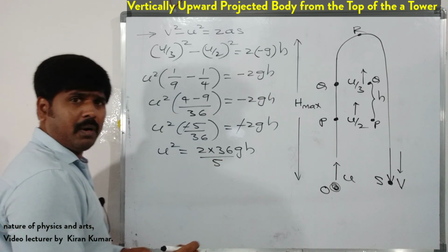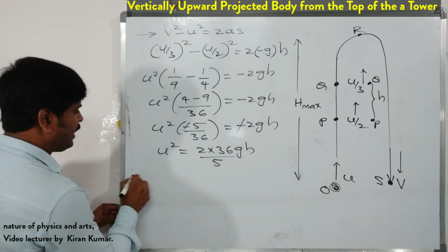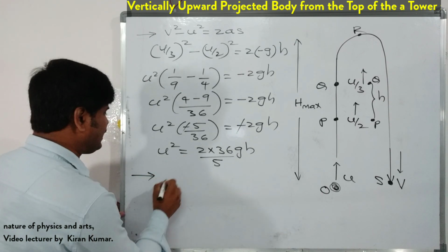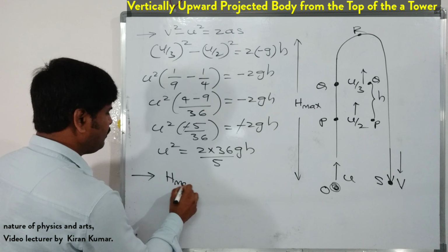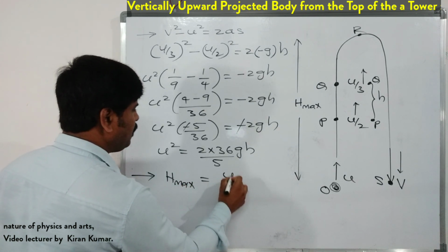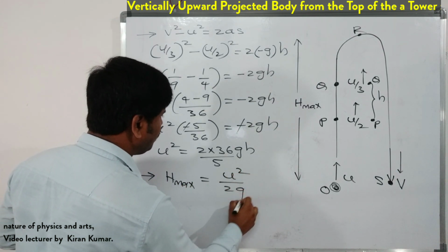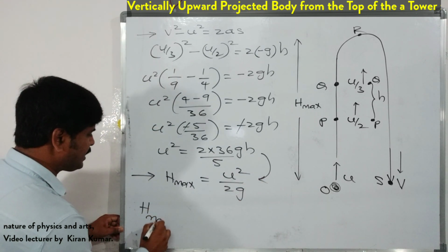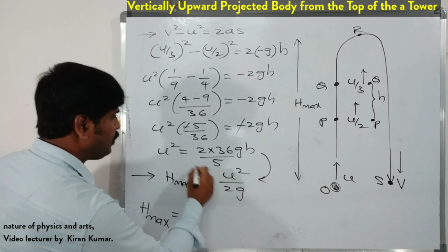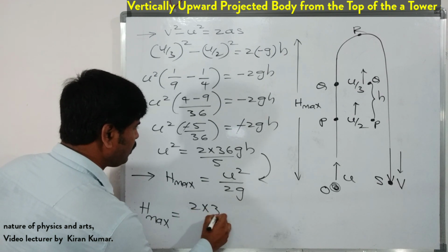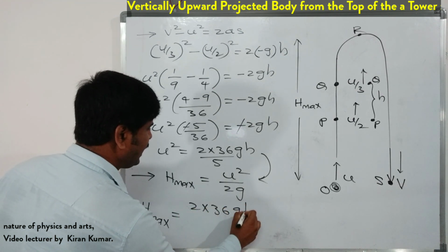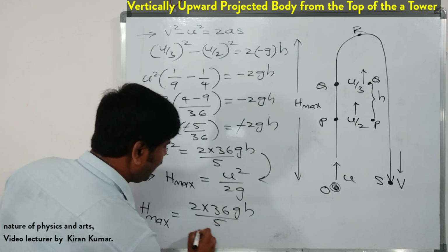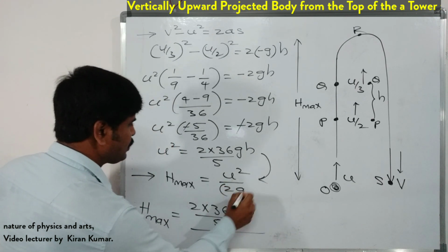Try to understand for the maximum height. We already know very well that H max is equal to u² divided by 2g. The value is replaced here: H max is equal to the u² value, 2 into 36 into gh divided by 5, and the whole divided by 2g.